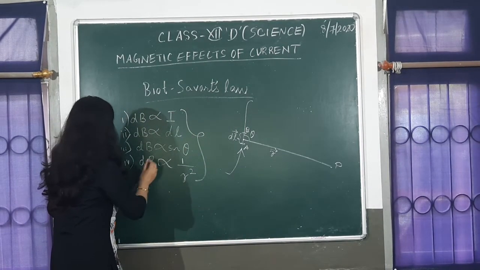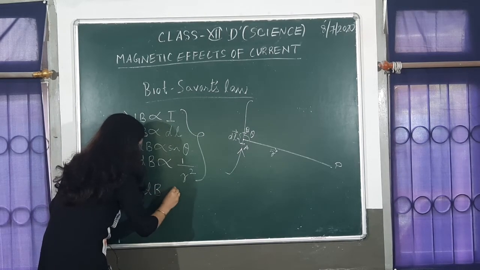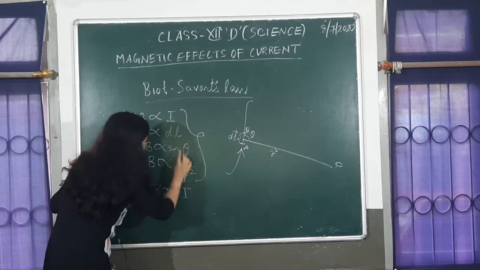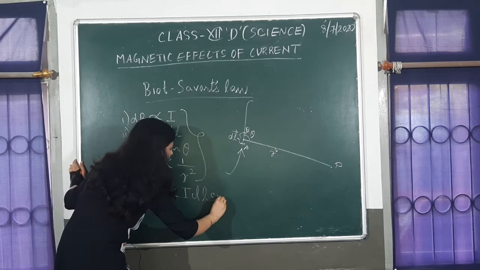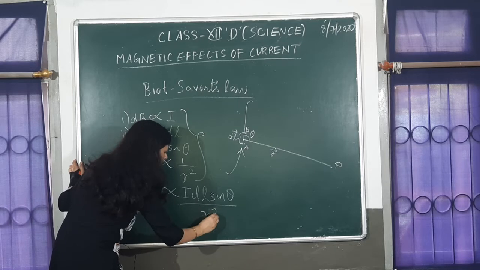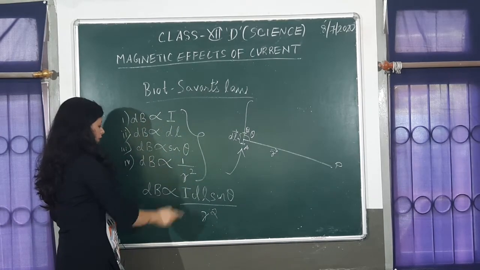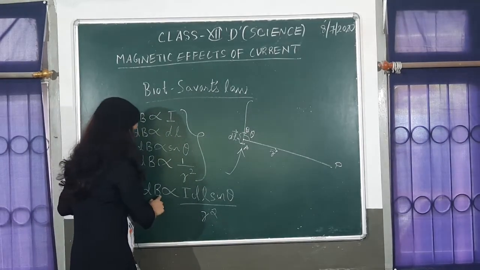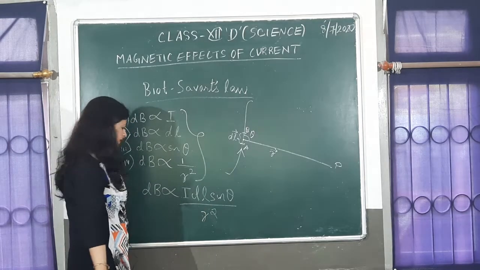Combining all these 4, you will get dB is proportional to I dl sin theta divided by r square. So we have combined all the 4 factors to get a single expression here.